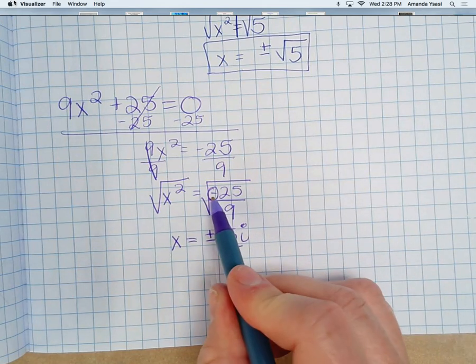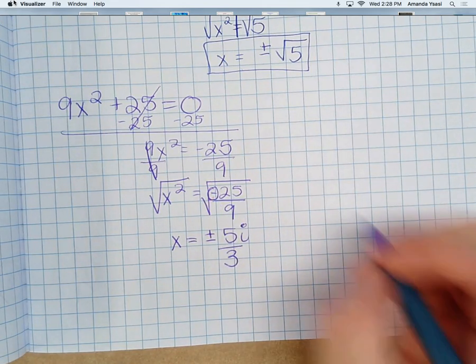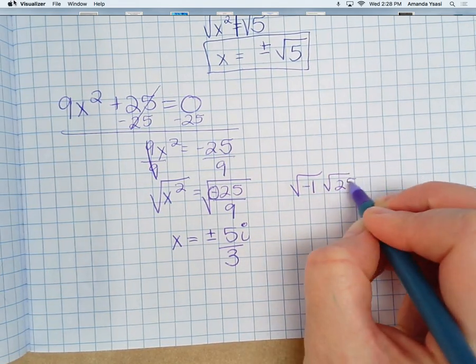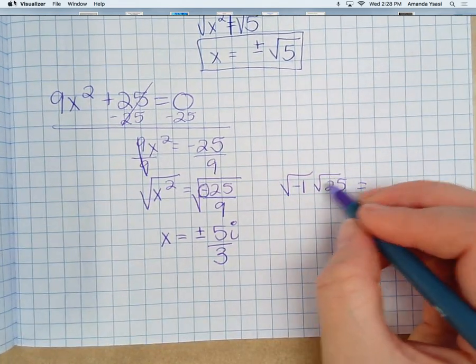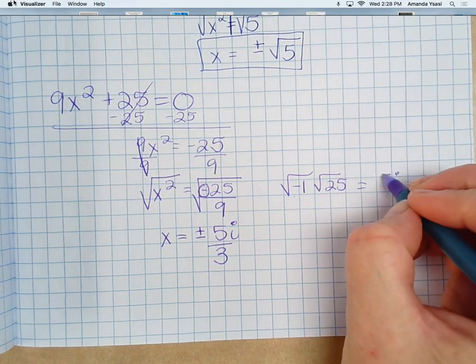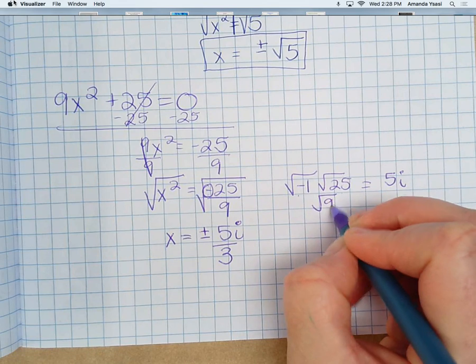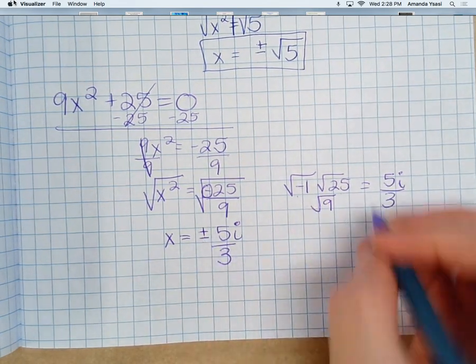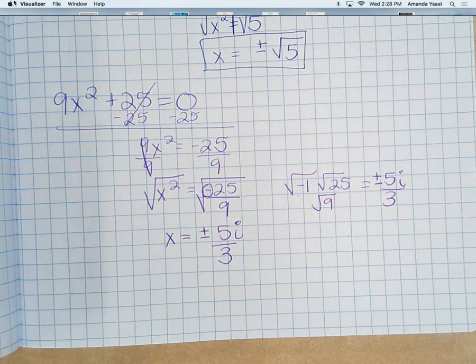Because of that square root of a negative, we're able to pull it out and say square root of 1, square root of 25. And that's where the i comes from. And then the square root of 25 is 5, and the square root of 9 is 3. And because of the zero product, it's plus or minus. So that's where everything comes from.